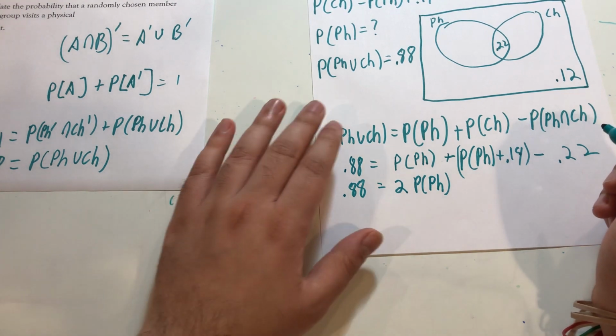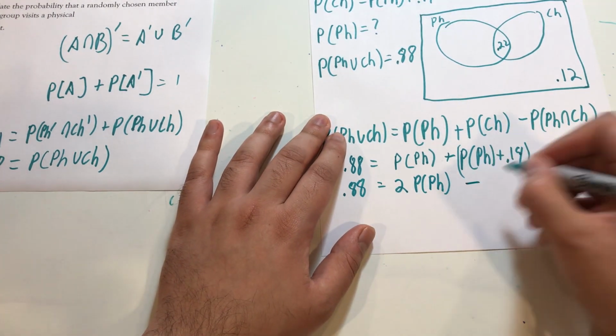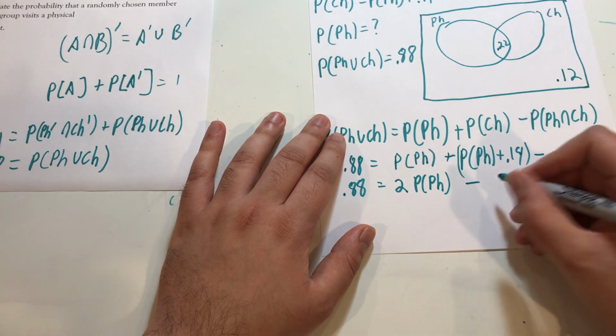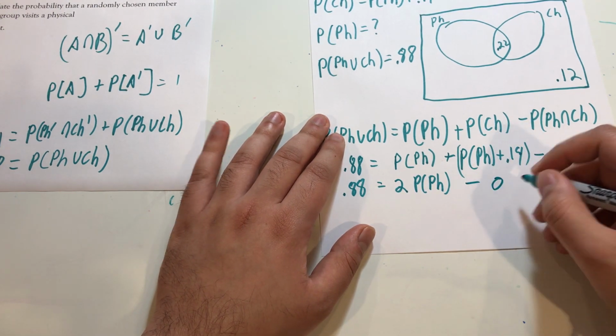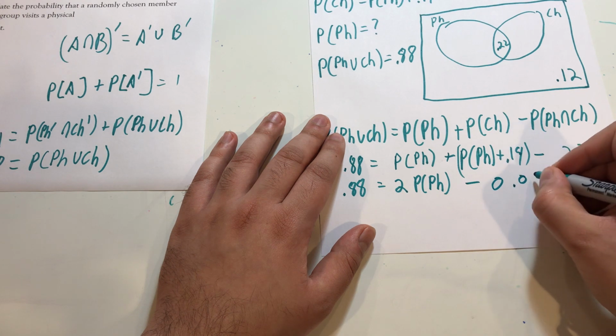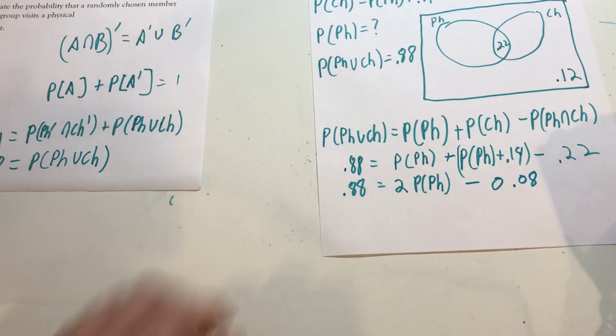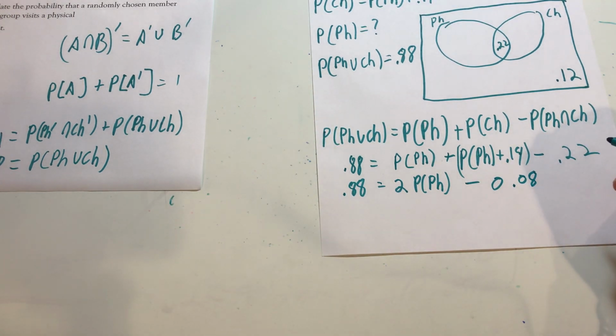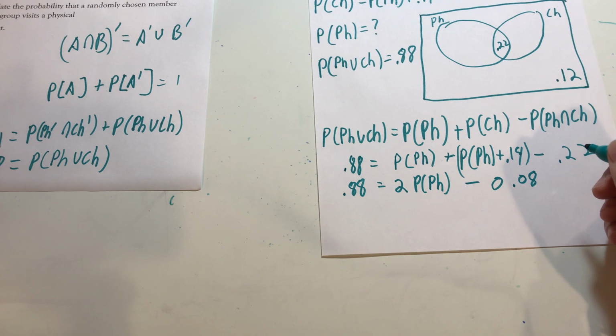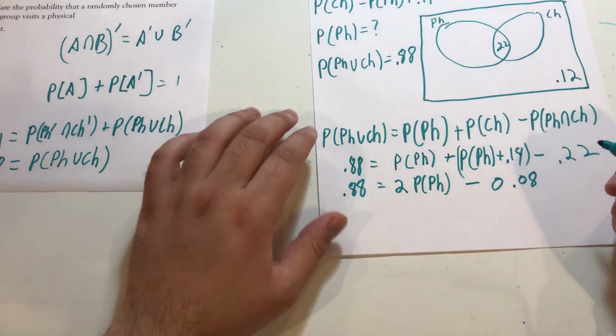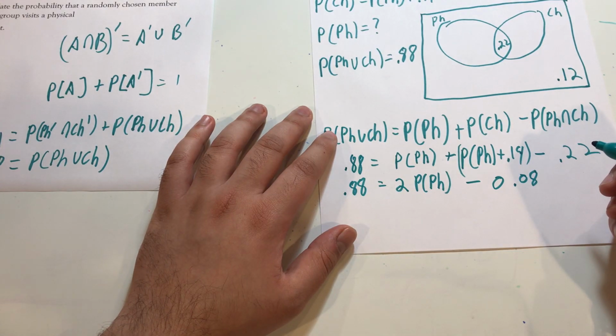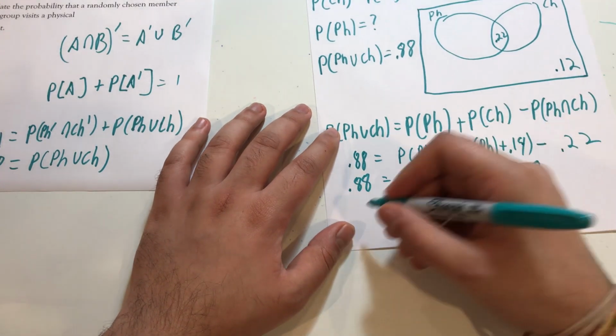Okay, negative 0.08 would be 0.14 minus 0.22. Now what I can do from here is add 0.08 to both sides, and I'll get 0.96. Right, is that right? Yeah, it seems right.